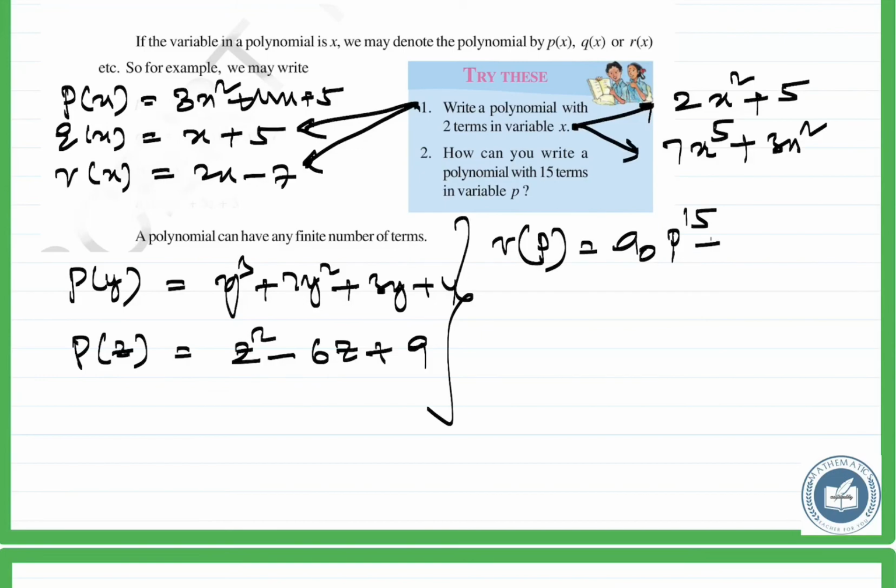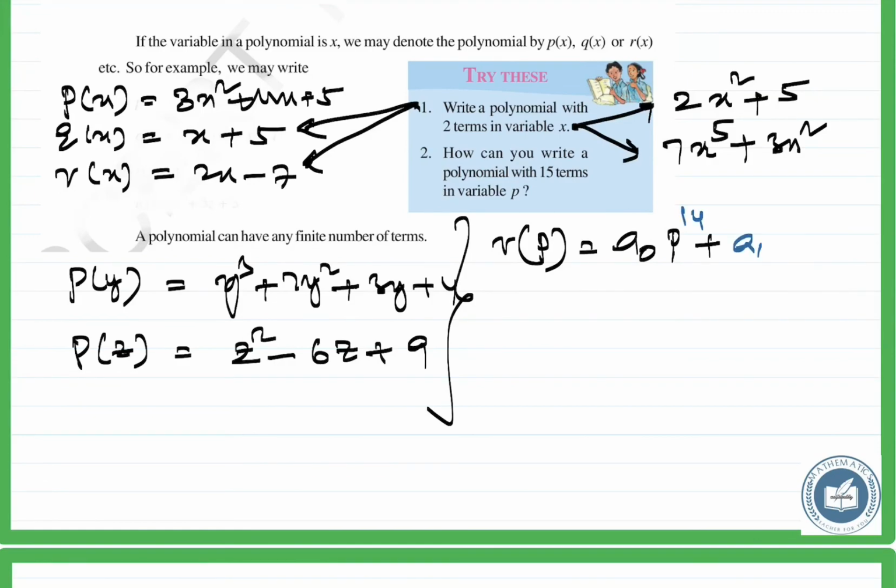Now 15 terms you have to get. You can take any degree, no problem. You can take 14, going down to 0.